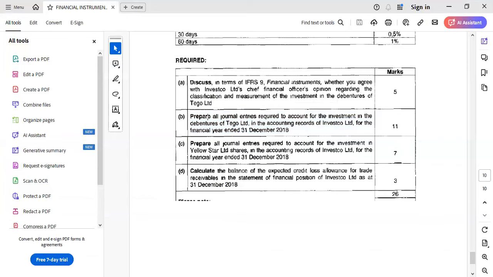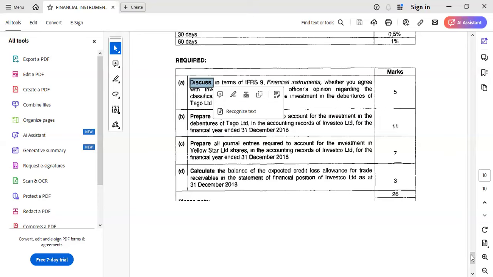You only discuss that it is a financial asset if they ask you to discuss, like in the number 2 that we did, whereby they were saying, can you discuss if the journal entries are correct. For you to be able to discuss that, you needed that theoretical background. That's why I was explaining it. But if they just say prepare journal entries, you just have to know for yourself which classification. You don't have to write all those things about the classification.